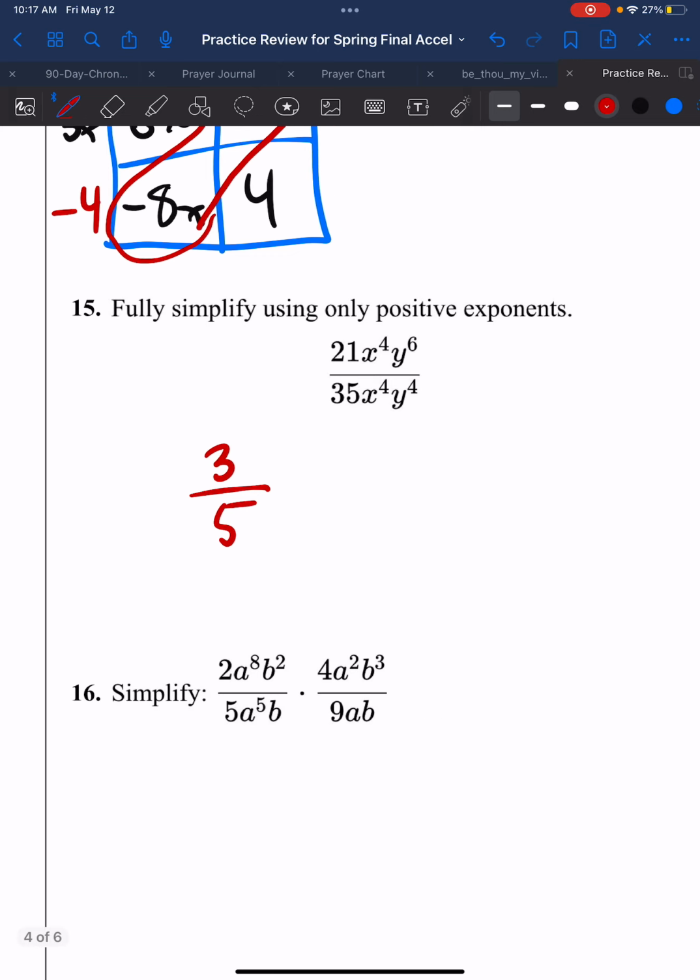To do my exponents here, I gotta remember my rules. When I'm dividing variables, I'm going to subtract their exponents. So when I divide, I just subtract exponents.